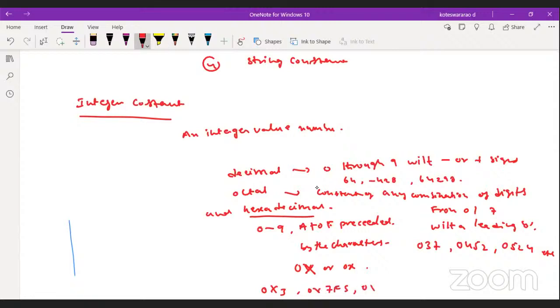These are some common examples. We can write anything under these constraints, such as 0x2FD. This is about the integer constant.